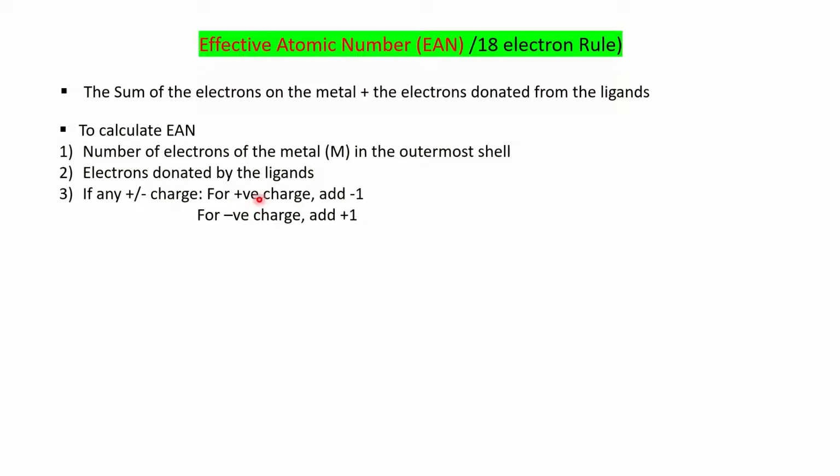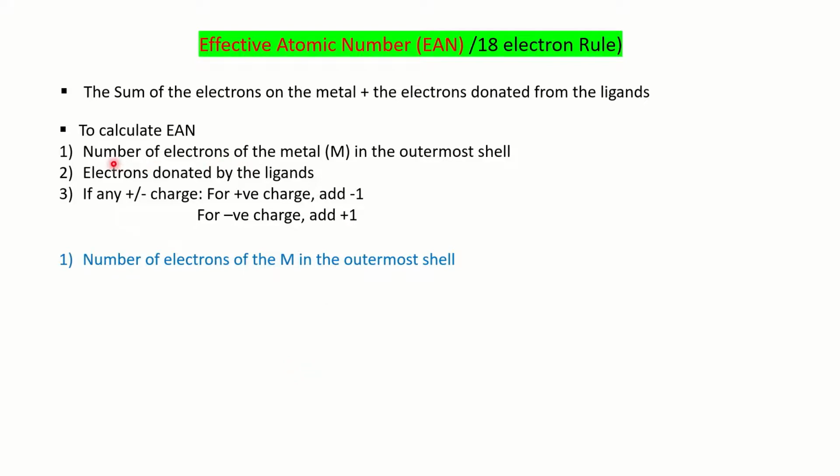Why is it so? Because positive charge means it has lost 1 electron, so you have to subtract it. Negative charge means it has gained 1 electron, so you have to add 1 electron. So depending on the charge, whether +2 or -2, accordingly you have to add or subtract.